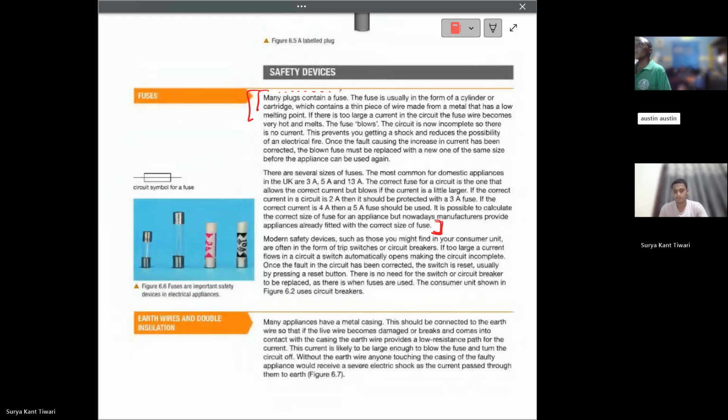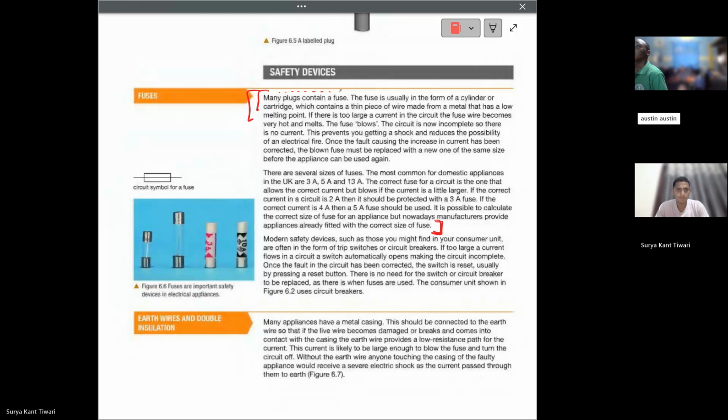Once the fault causing the increase in current has been corrected, the blown fuse must be replaced with a new one of the same size before the appliance can be used again. There are several sizes of fuse. The most common in appliances in the UK are 3 amperes, 5 amperes and 13 amperes. The correct fuse for a circuit is the one that allows the correct current but blows if the current is a little larger.